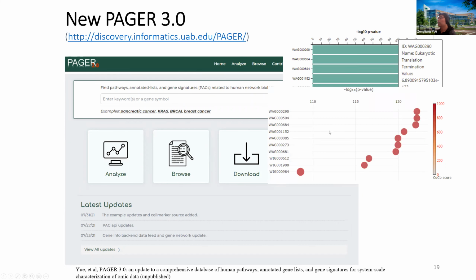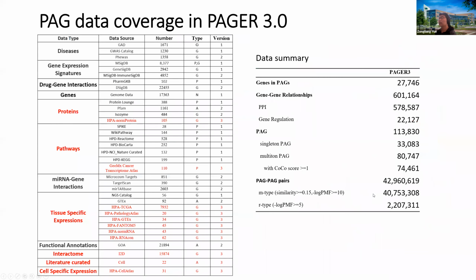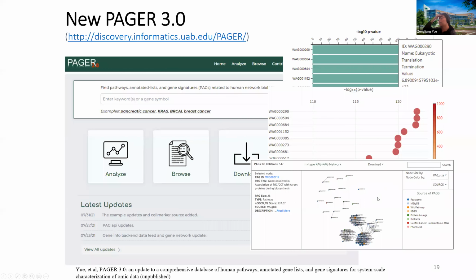We also have a scatter plot to show additional dimensions such as quality control. And we have an M-type PAG-to-PAG network, with interactive visualization using a new JavaScript library. You can see the color options, given the source or the type of the PAGs, so you can play with the visualization panel in PAGER 3.